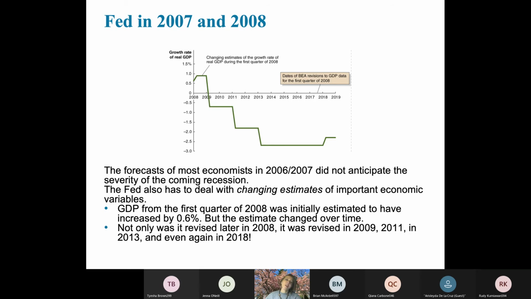Another drawback is that the estimates are changing. One example is that the estimates of GDP have been continuously revised down. So for GDP of 2008 during the recession, the estimates were optimistic, as if GDP is growing, and then years later, even 10 years later, was when the last revision of the GDP took place.